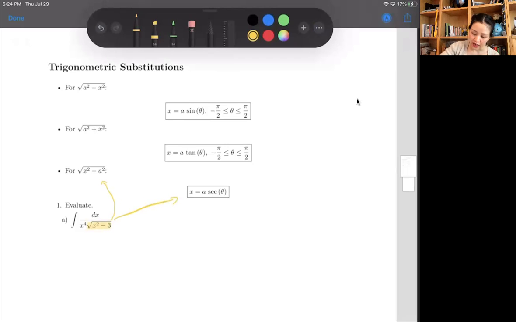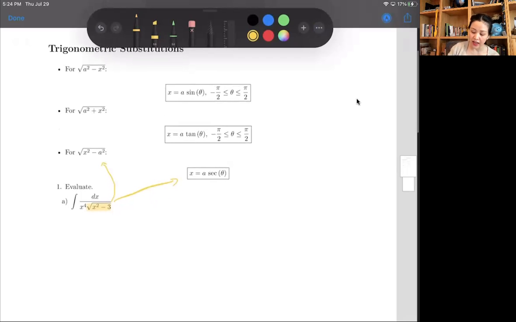Here a squared is 3, so this implies a is the square root of 3. Well, plus or minus the square root of 3, but we're just going to take the positive case here.